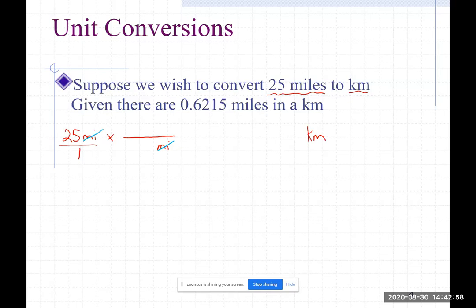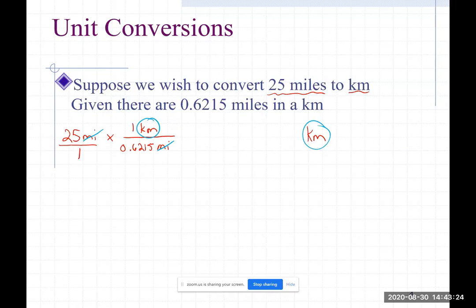So that tells us that those miles are on the top. We have 0.6215 miles in 1 kilometer. We've cross-canceled the miles, and we know that we have kilometers on the top. That's what we want. So now all we have to do is solve this problem.